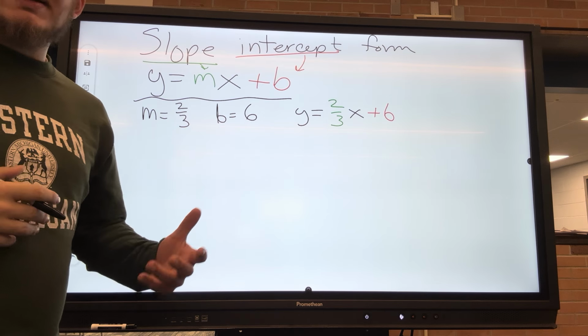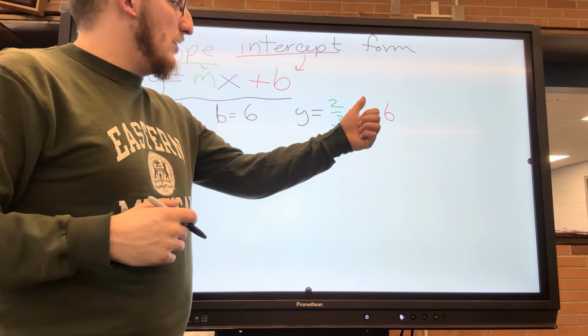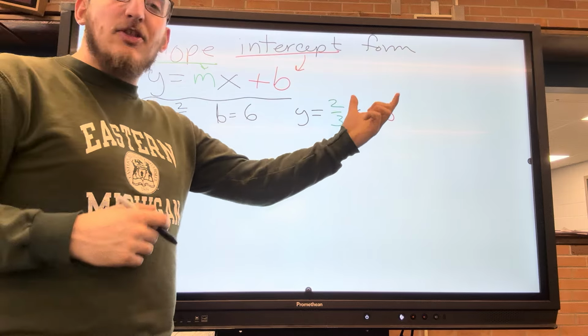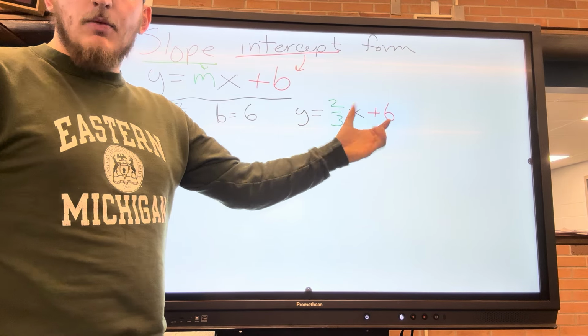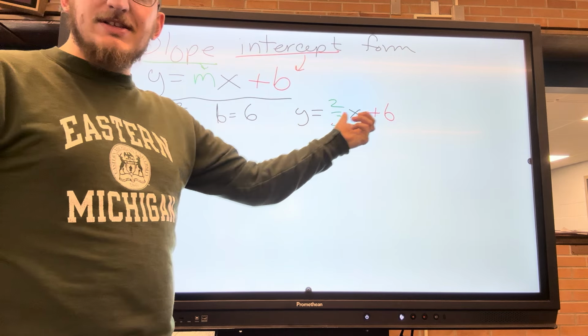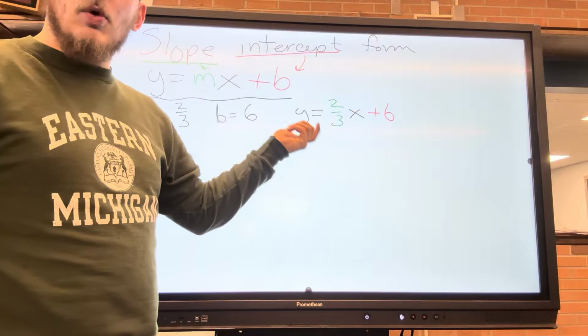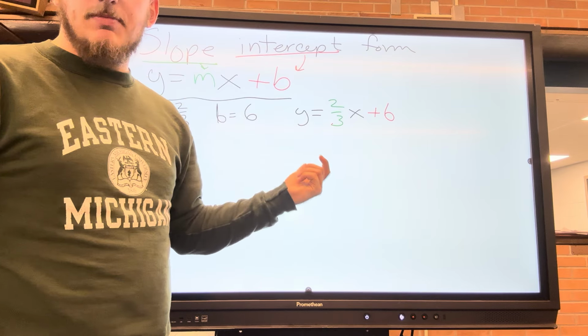These are the modifiers that change x. When we plug numbers in for x, we do these two little modifiers to find out what your y is, because we're trying to find that relationship, right?